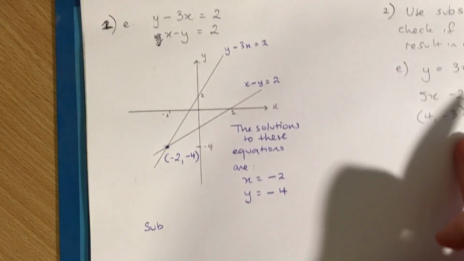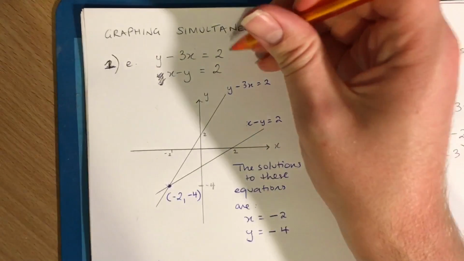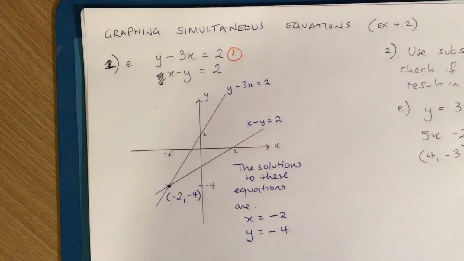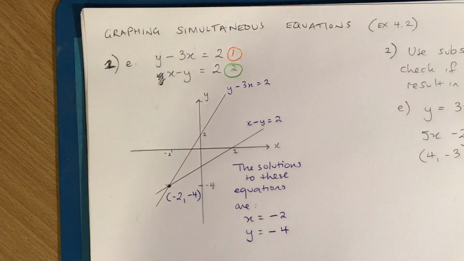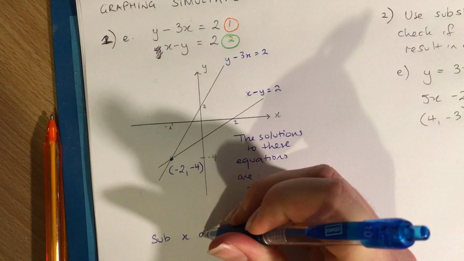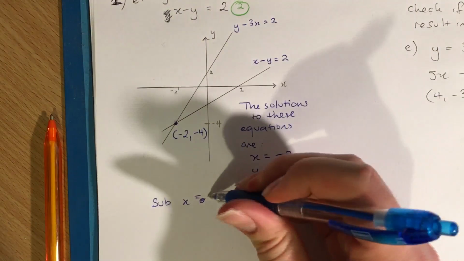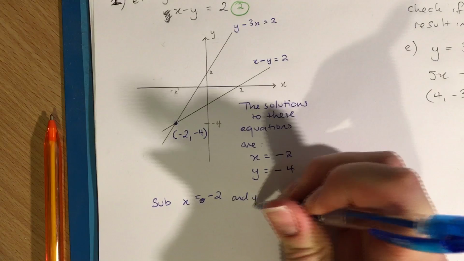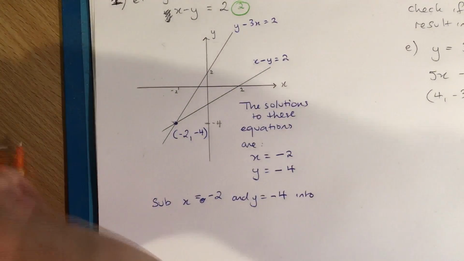For convenience, I'm just going to label this equation 1, and this equation 2. And what I'm going to do is substitute x equals -2 and y equals -4 into equation 1.